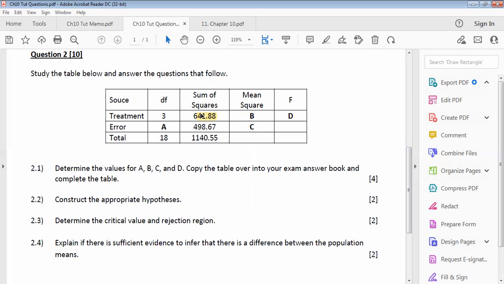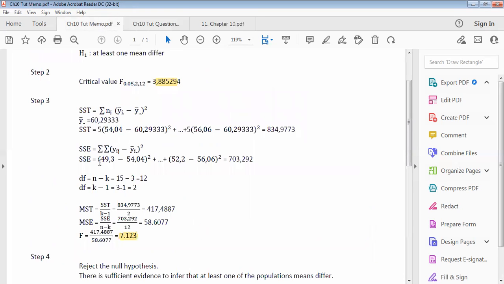Remember, this is a sum of squares, so I want the mean, the MST. So what is the MST? Remember the formula. MST is SST divided by K minus 1. Can you take this formula down, please?